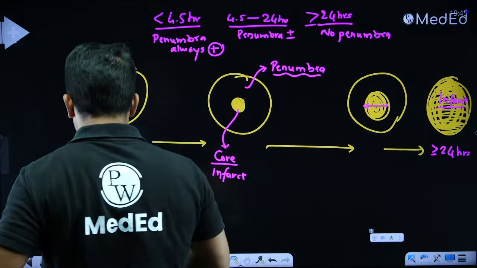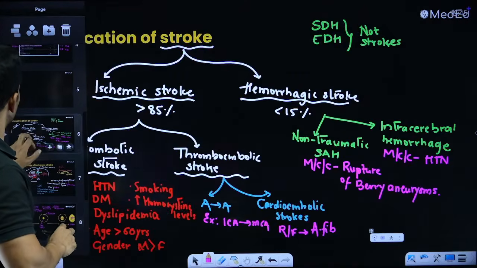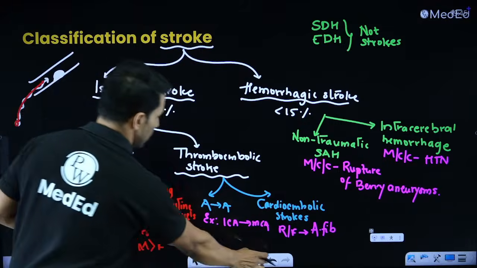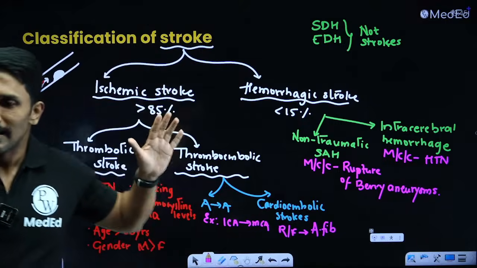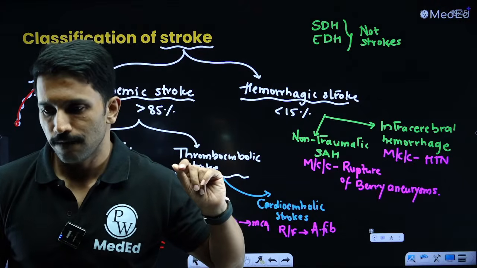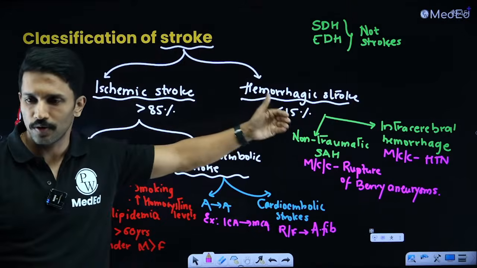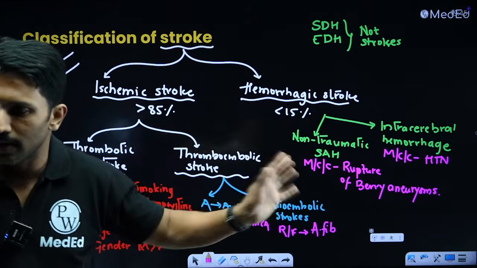Okay, so I was talking about. So could you hear the classification of stroke? So let me know if the classification of stroke was audible, so I can go further. Or if this was not audible, then I will revisit this.